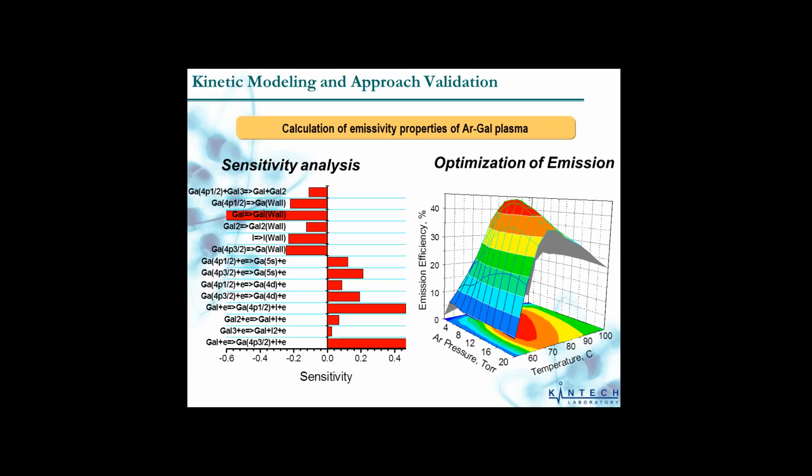The non-useful channels are all others, like elastic collisions, dissociation, rotational collisions, vibrational excitation, and all others. So the emission efficiency of the system is the ratio of all the energy which goes to the formation of a radiative state, meaning excited gallium, to all the energy put into the system.